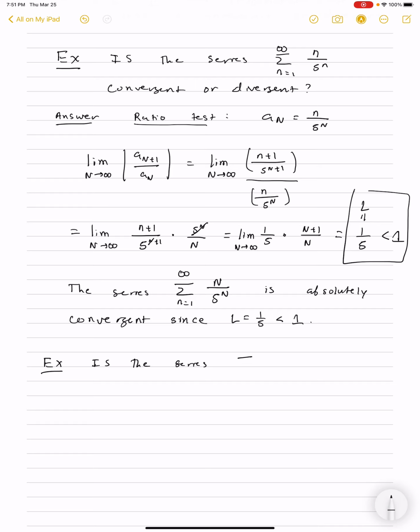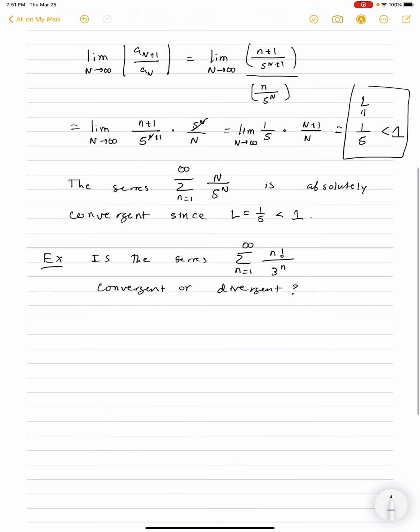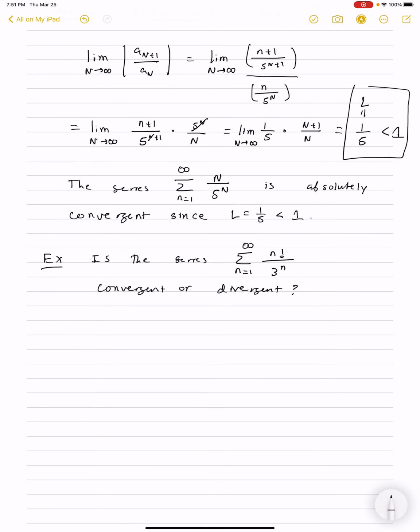Let's do another example. Is the series of n factorial over 3^n, is this convergent or divergent? Okay, well, we're going to answer this using the ratio test.